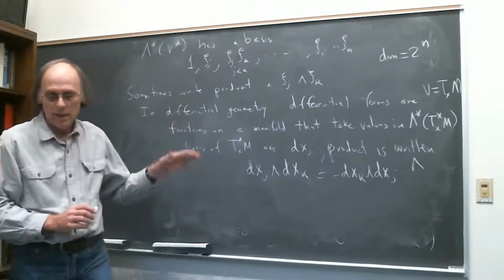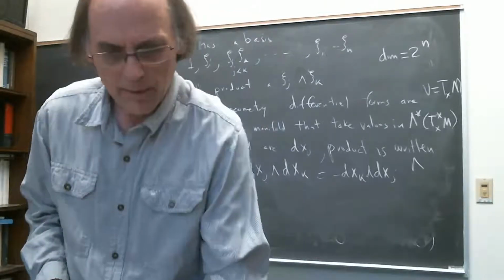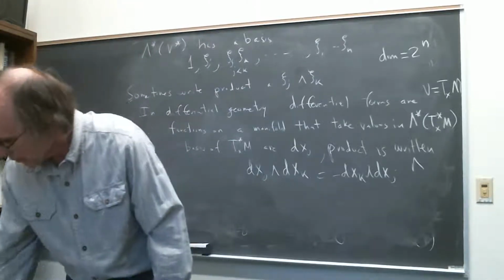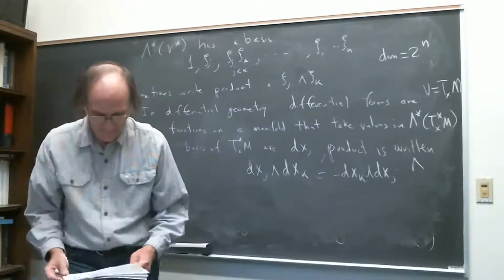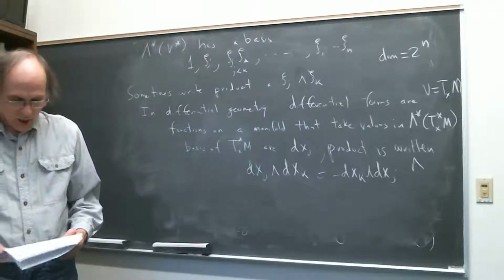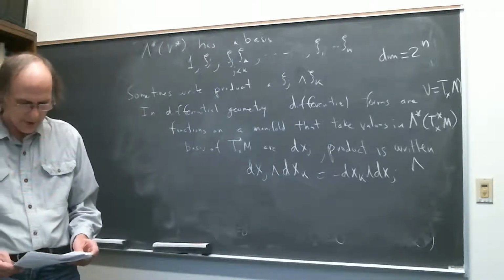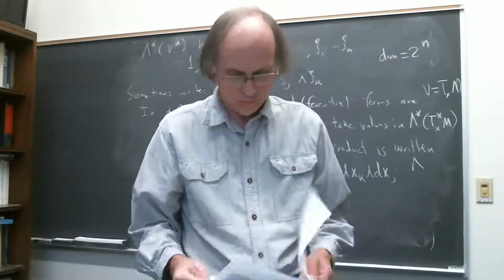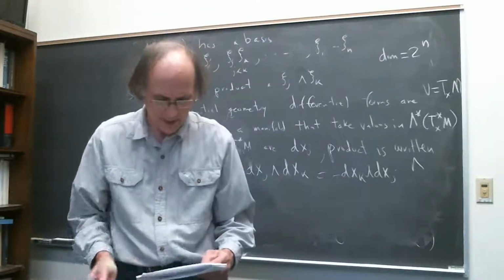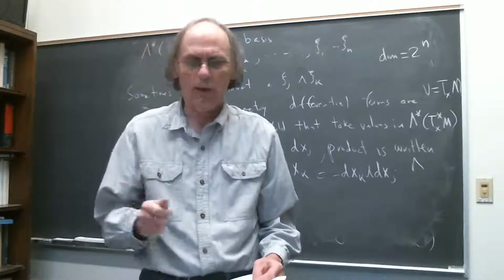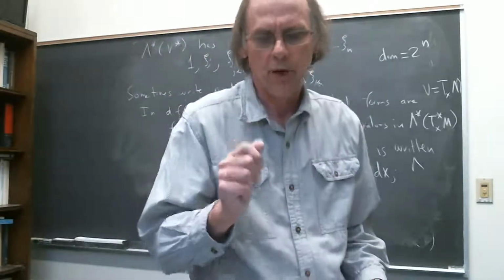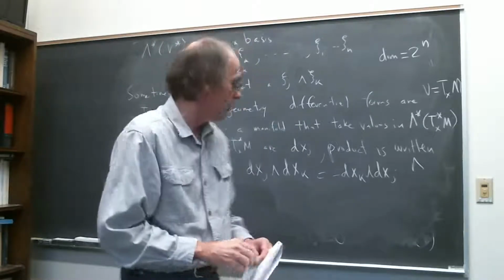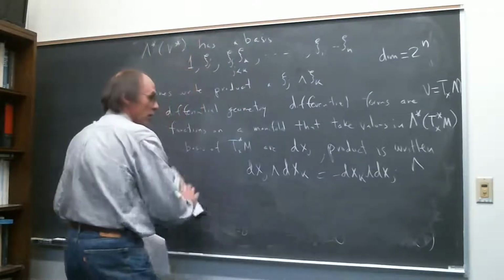Okay, so that's some background. What do I want to do? I'm not sure how much I actually use the next part, so I'll say it very quickly, but it's good to know.